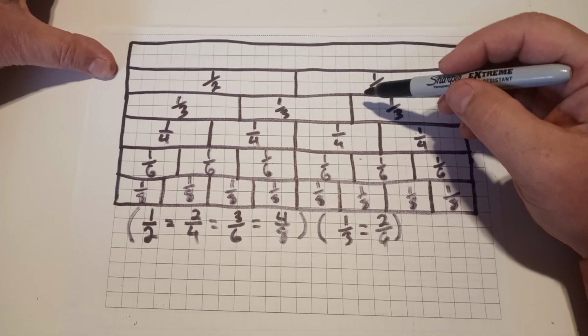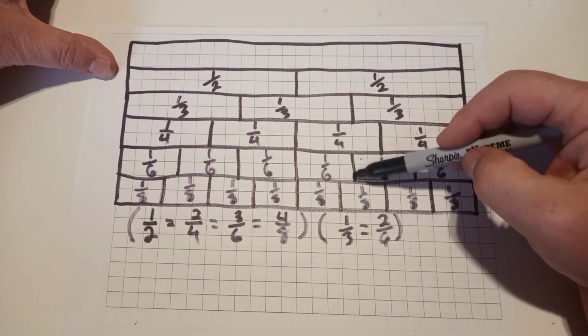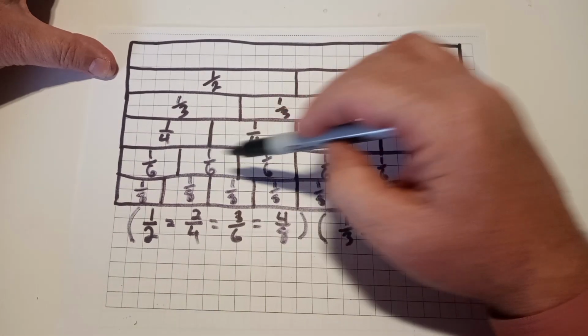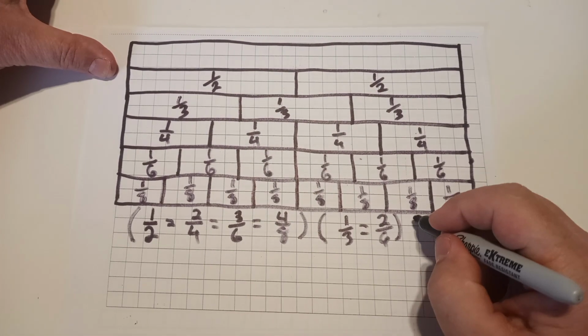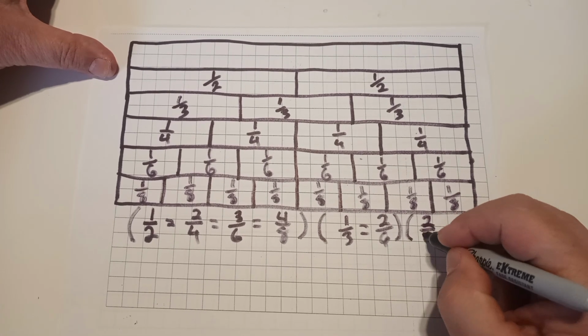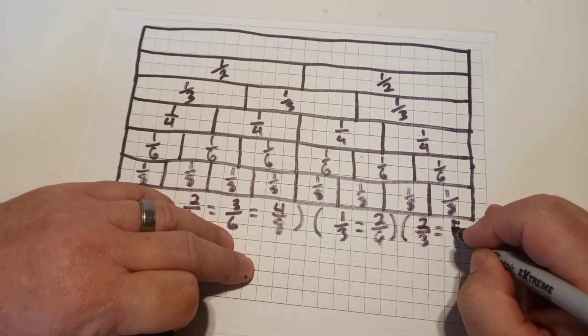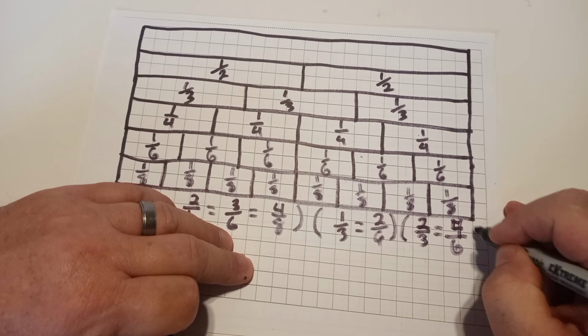For 2/3, we follow it down. The first thing, it lines up with a 6 right there, that is 4/6. So we can say that 2/3 is equal to 4/6.